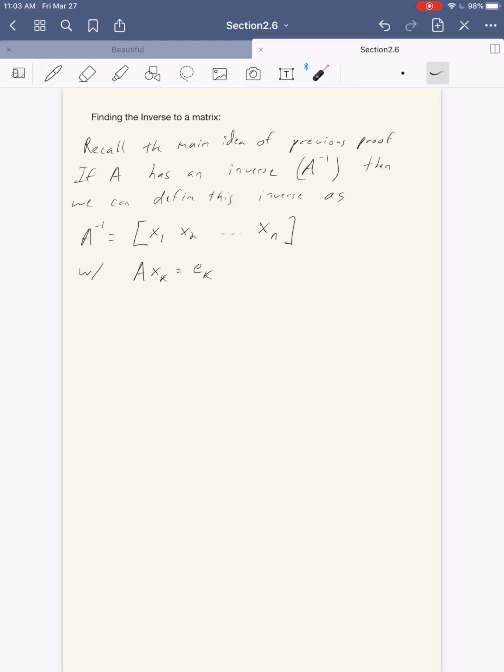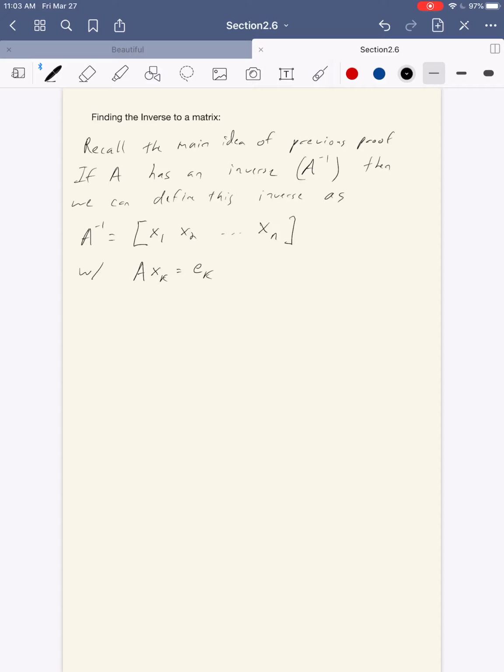And the idea was then, if you imagine actually taking A times that A inverse, what ends up happening is A multiplies onto each of these columns, resulting in these elementary column vectors, which then make up the identity matrix. So this means we can use this to determine how we're going to find the inverse in general of a matrix.